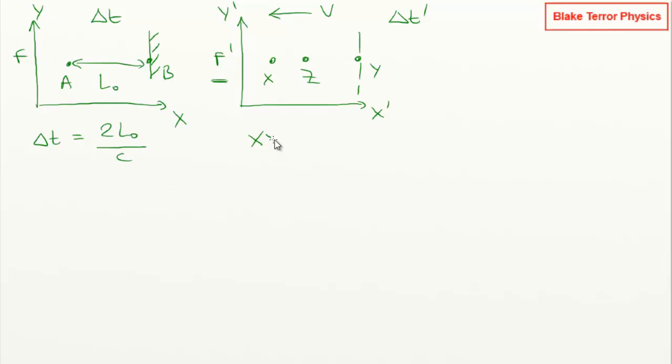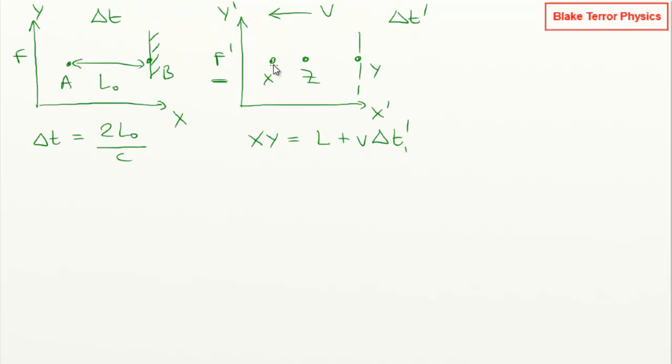So we've got our distance from x to y, which is going to be longer than L0. They're going to start off L apart, x and y, because we've got the length contraction, so we can't say that's L0. So they start off L apart, and then that is going to extend by some amount v times, well, we'll have to say delta t prime 1, because we don't know how delta t prime is split up.